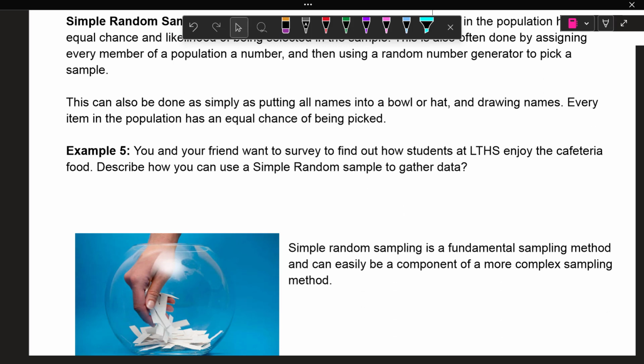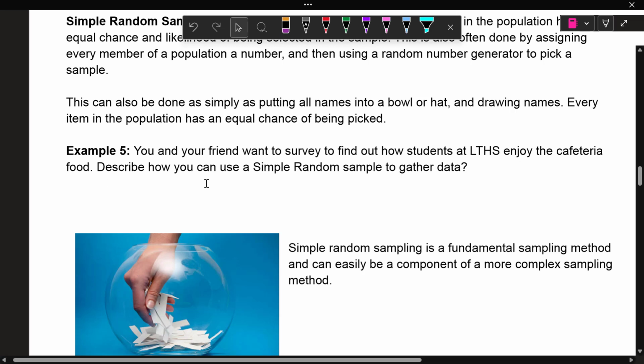So you and your friend want to survey to find out how students at LTHS enjoy the cafeteria food. Describe how you can use a simple random sample to gather data. Well, there's a couple different ways. We can write every student's name on a piece of paper, put all the pieces of paper in a hat, mix it around, and choose 10 students and ask them the question.